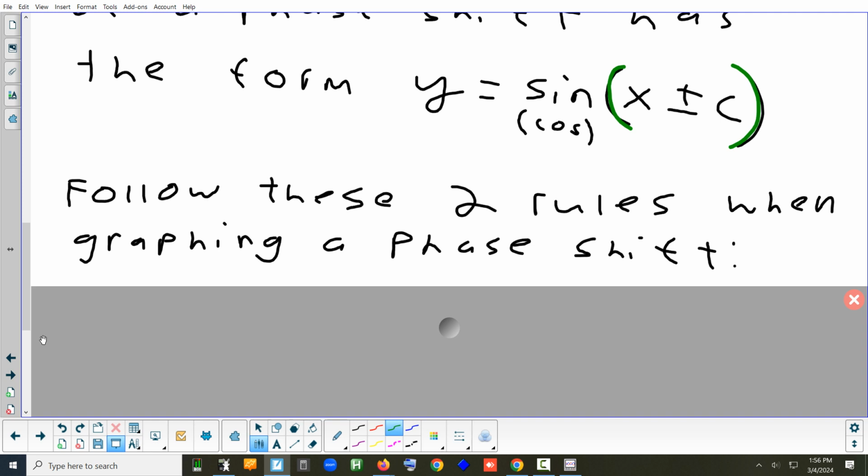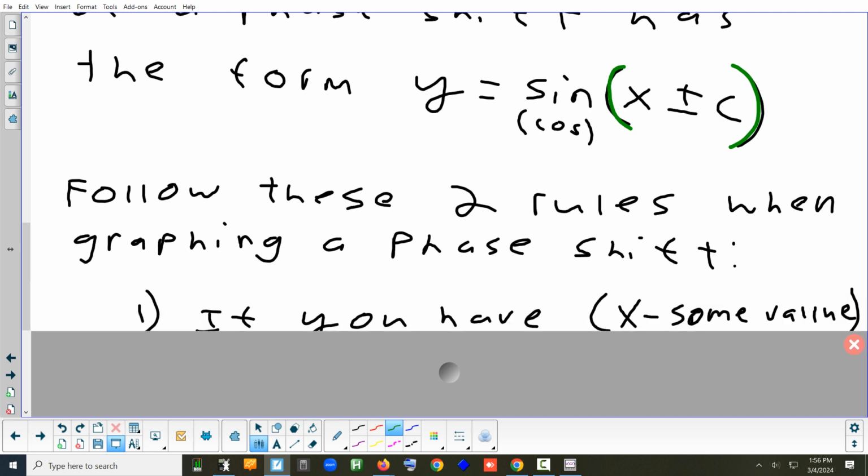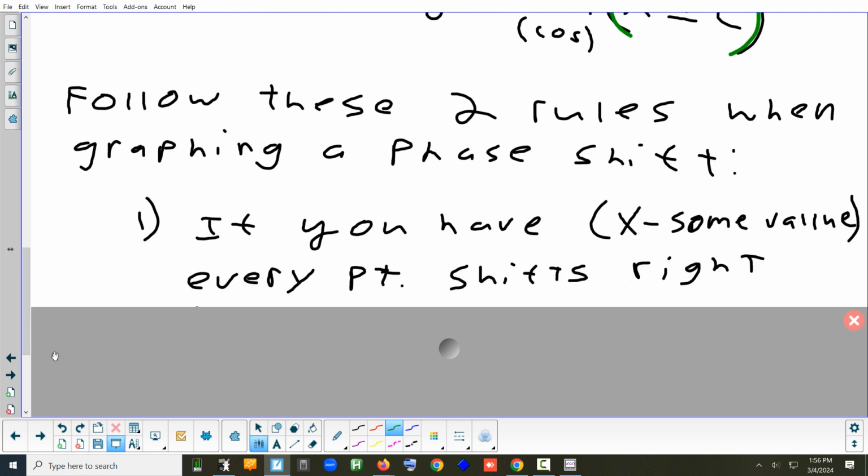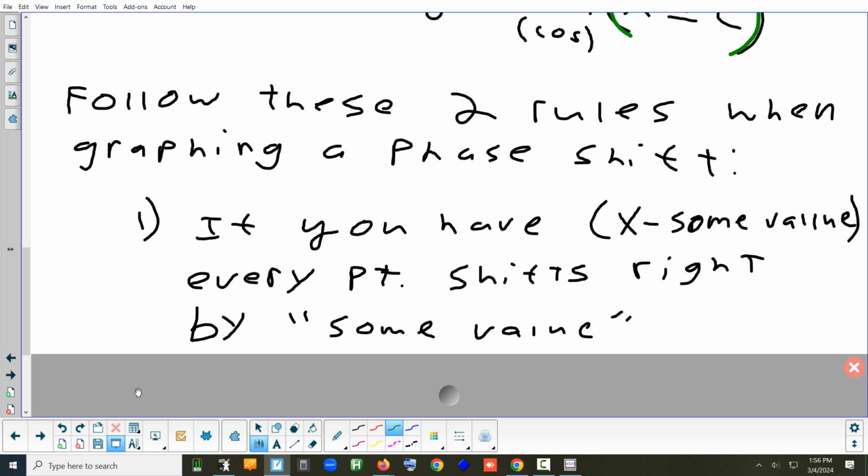Okay, so 2 important things when we do a phase shift, and I think you guys already know it. If you have x minus a value, which way is minus going to move your graph? To the right. Yes. So with x minus a value, every point shifts to the right. How much to the right?